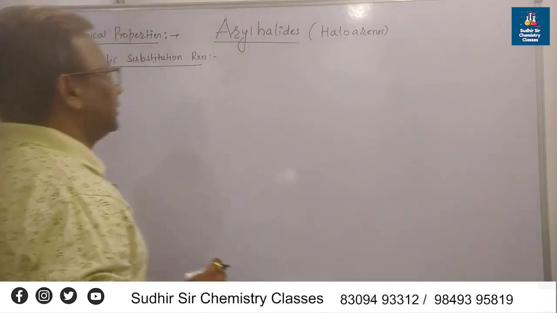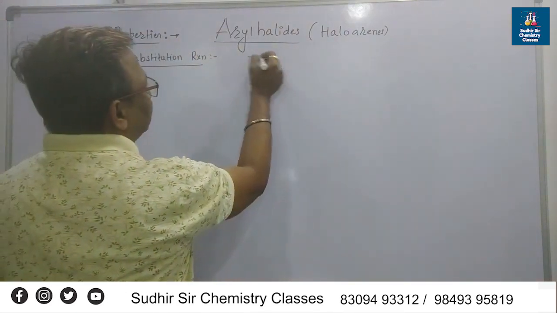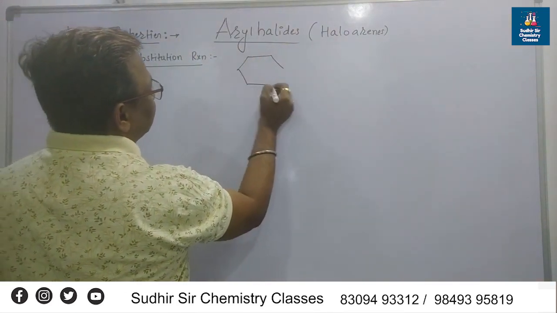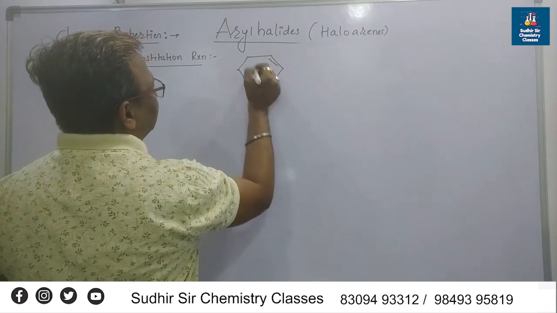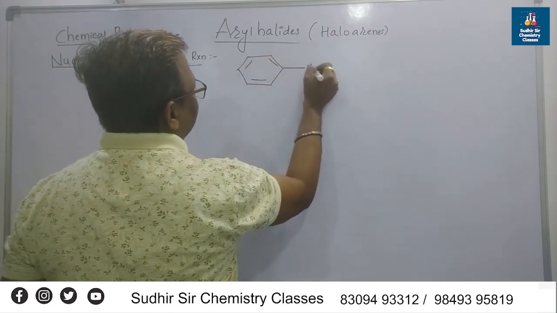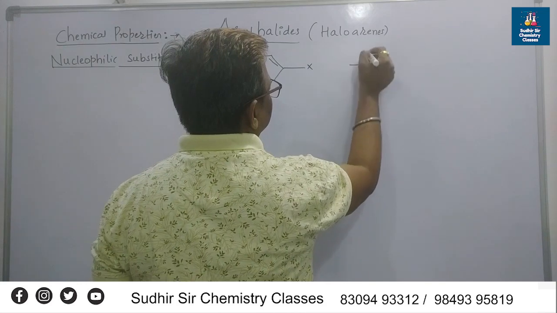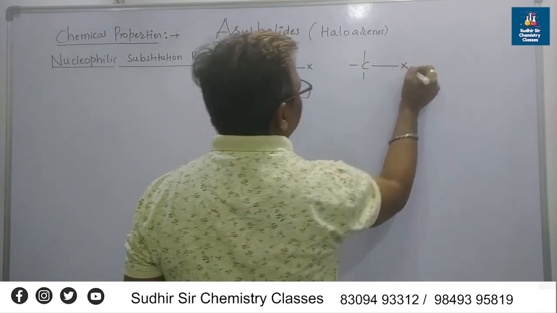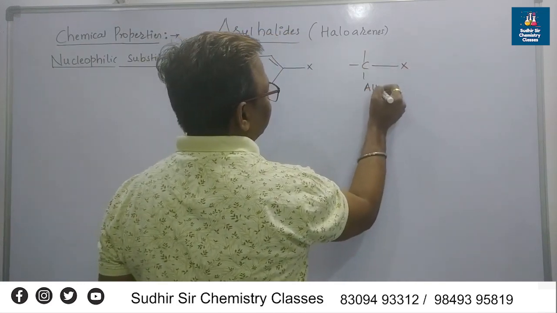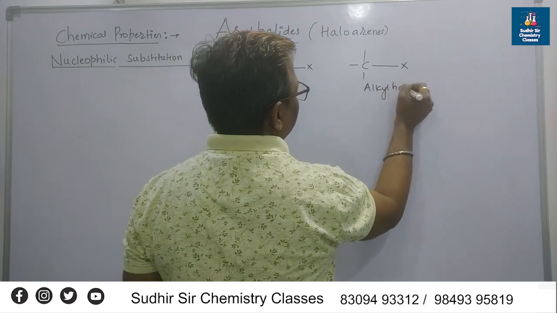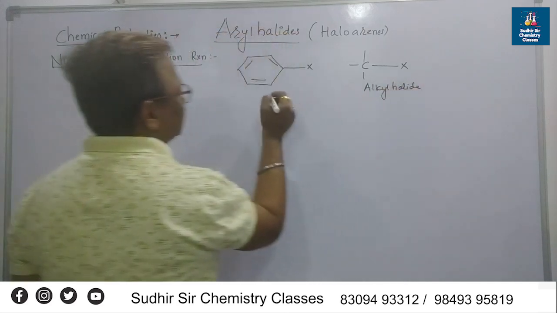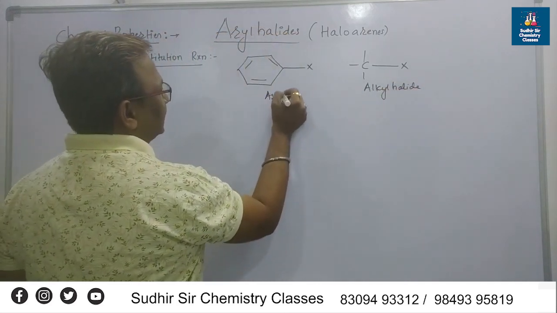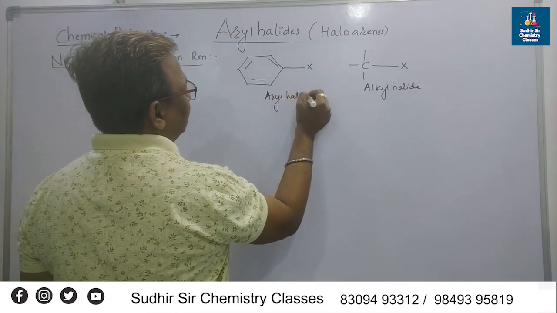I will tell you better with an aryl halide and an alkyl halide. Suppose this is an aryl halide and this is an alkyl halide. This one is what, beta? Alkyl halide. And this one is aryl halide.